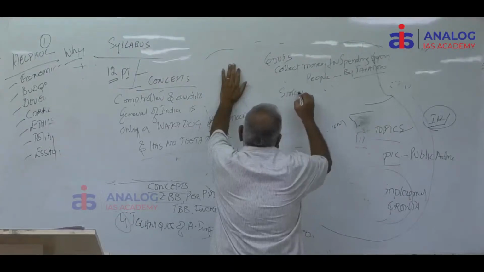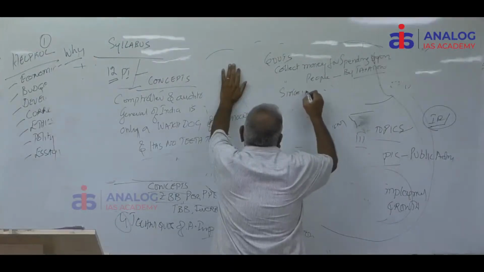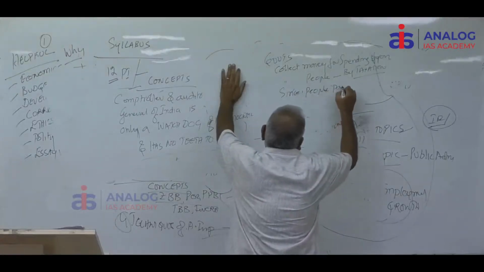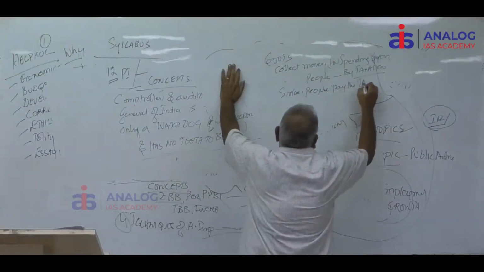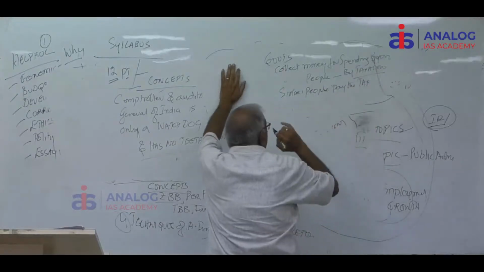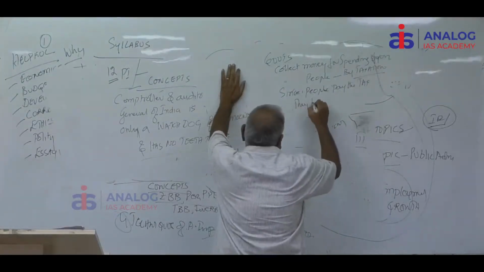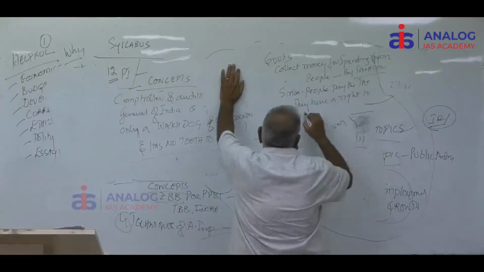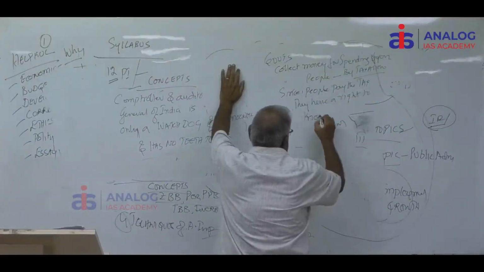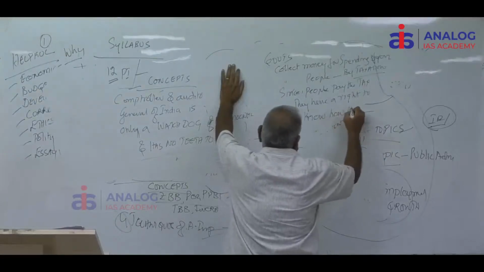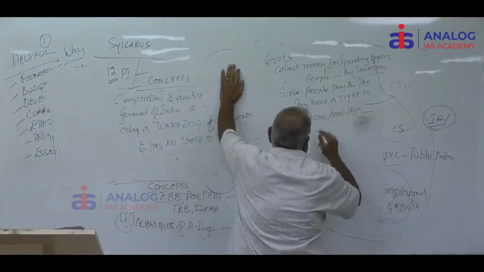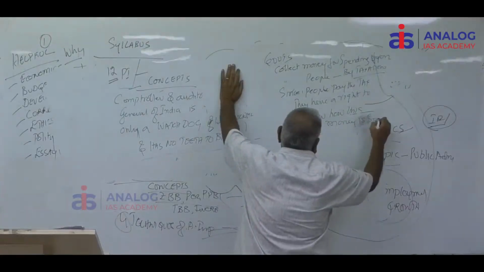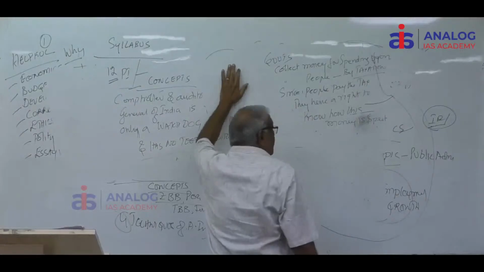Next, since people pay the tax, they have a right to know. We have a right to know how this money is spent. It is our money. Government is spending.